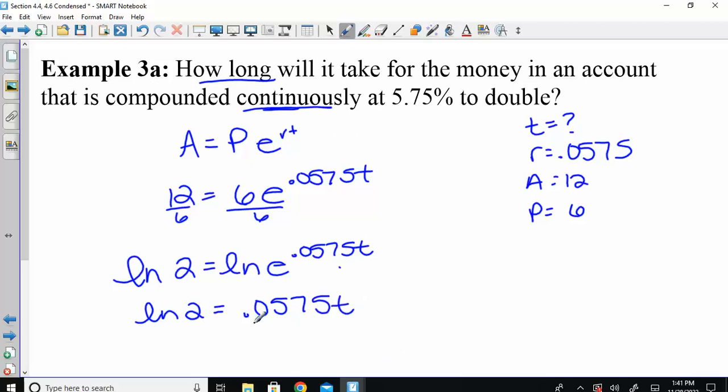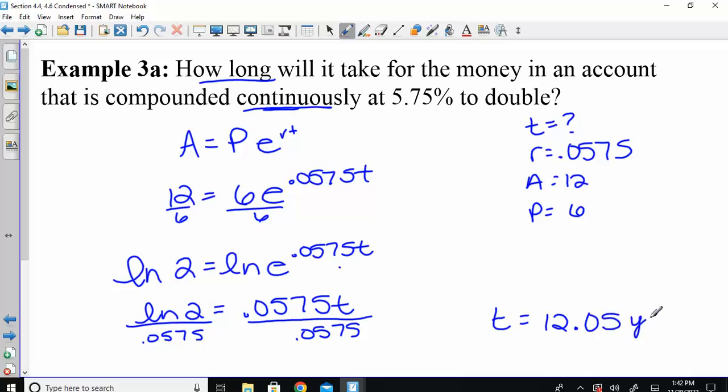So then we can divide. Time is always in years, so 12.05 years.